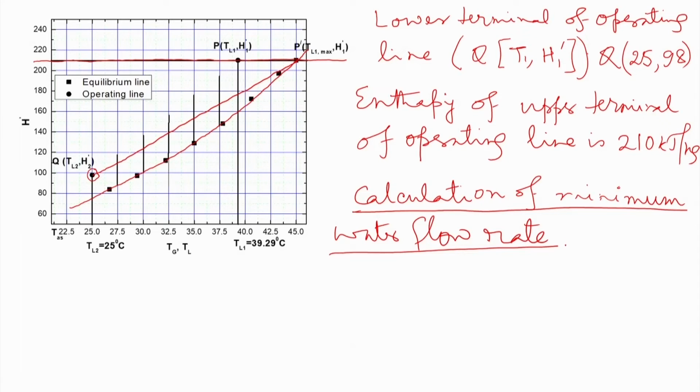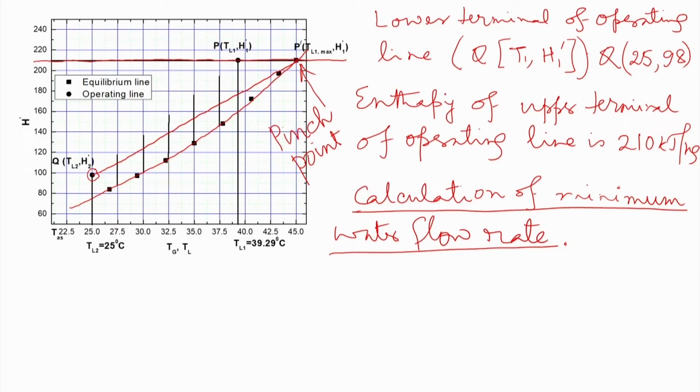That is where it touches, and that is called the pinch point. There the enthalpy value will definitely be 210 kilojoule per kg dry air.